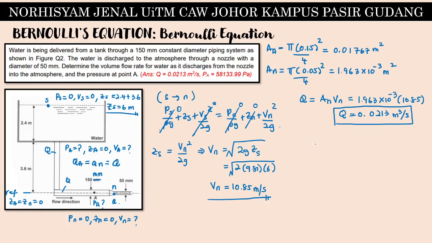Alright, next we have to find out the V. So we search for VA first before we continue with the Bernoulli equation. So VA should equal Q divided by AA. So 0.0213 divided by 0.01767.